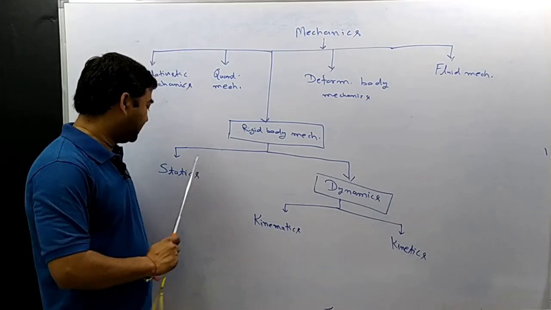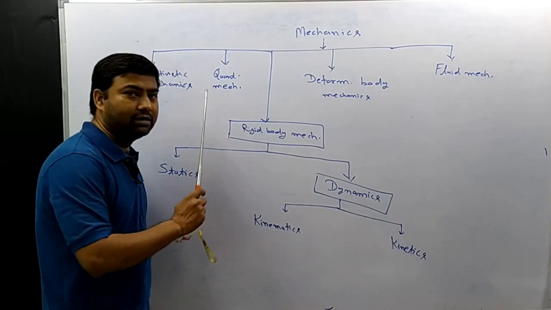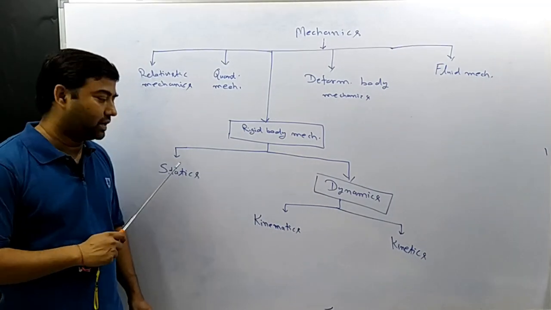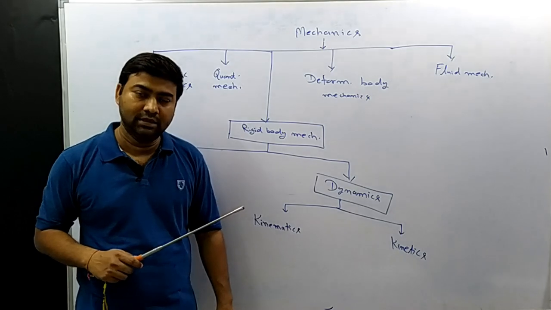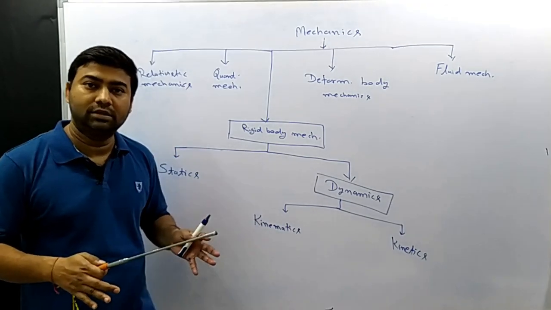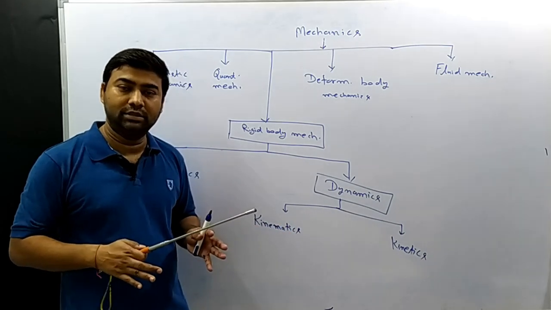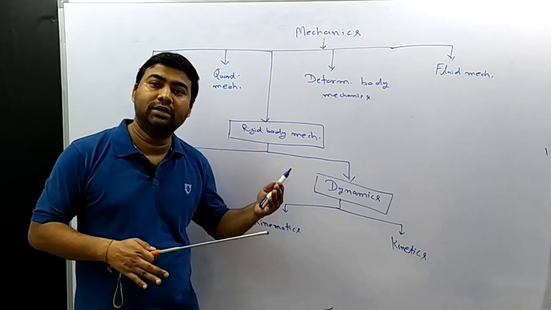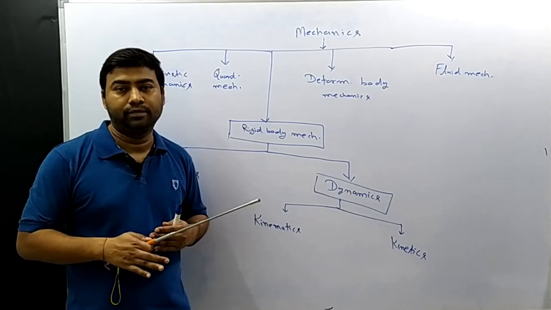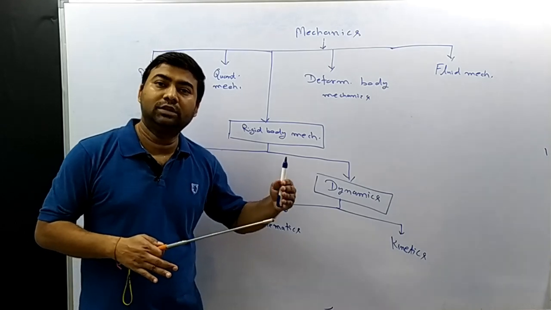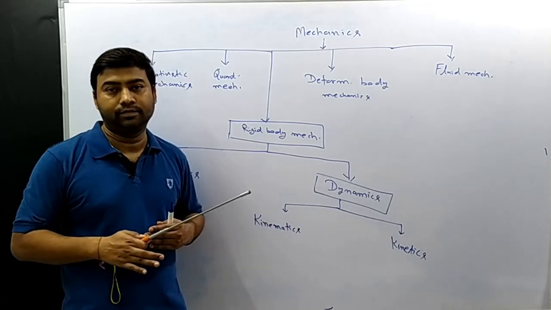Rigid body mechanics is divided into two parts, statics and dynamics. Under statics, as we have discussed, we study forces acting on a body or a system of bodies when the system or body is in equilibrium. Either it is stationary or it is moving with constant motion.